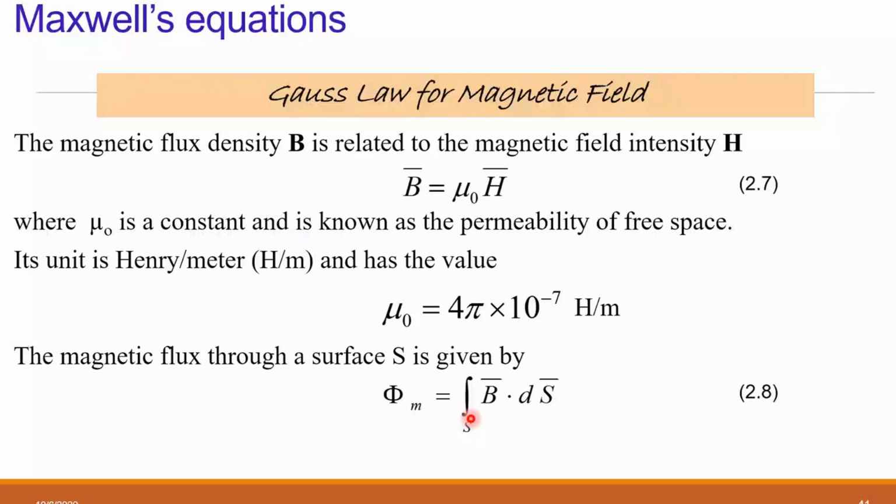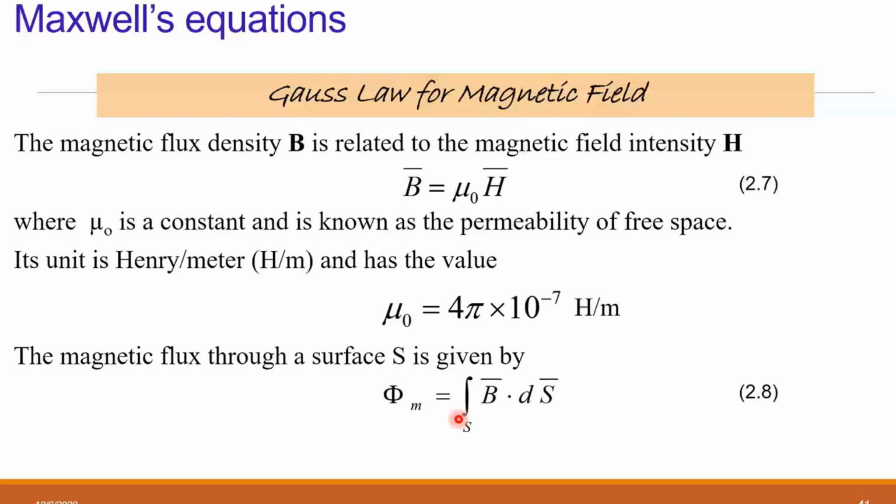Now if I want to find the flux crossing through an open area, the magnetic flux phi m crossing through an open area is equal to the surface integration of B bar dot dS bar. This gives us the flux crossing through the entire area, and if you integrate with the limits given, we can find the flux crossing through that area.